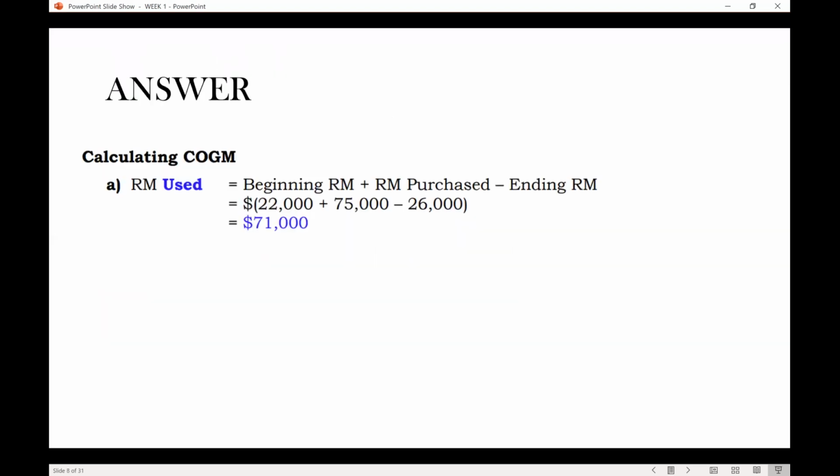So let's go right into it. The first thing is, we need to calculate cost of goods manufactured. Because we're working from the bottom up, we need raw materials used. The formula for that is beginning raw materials inventory plus raw materials purchased minus ending raw materials.